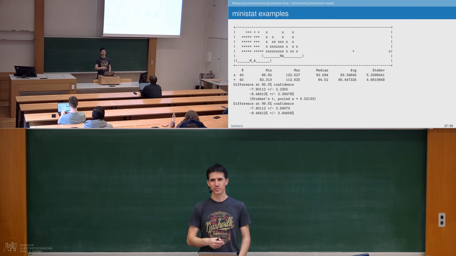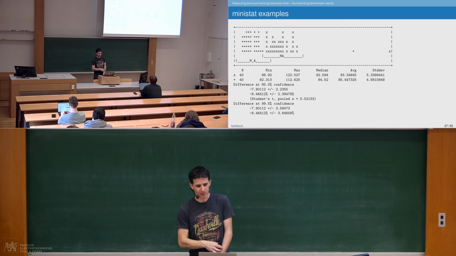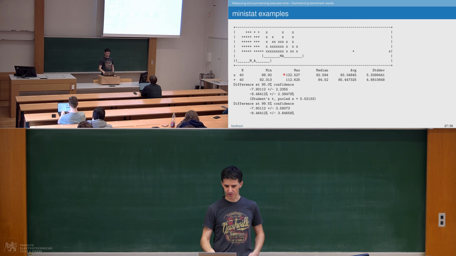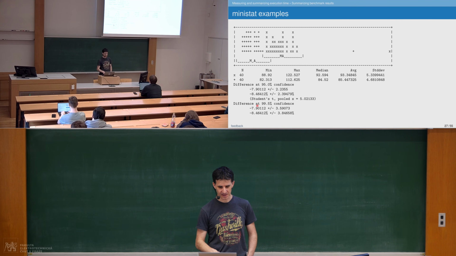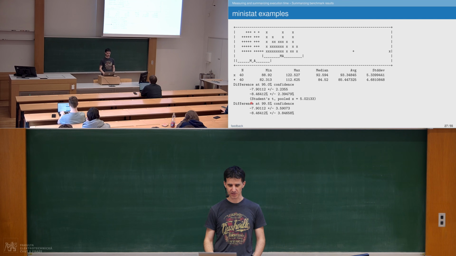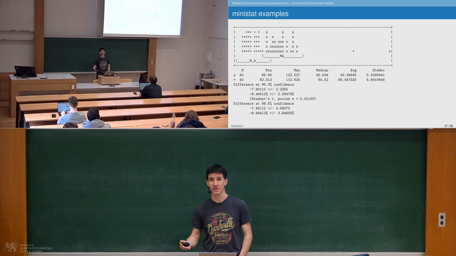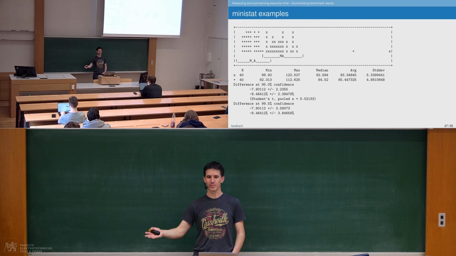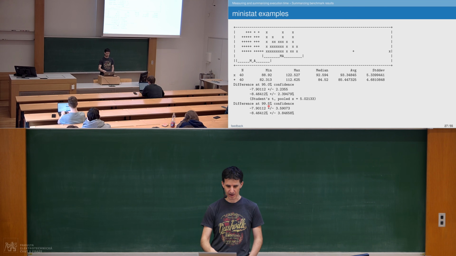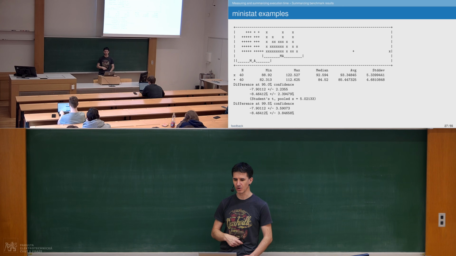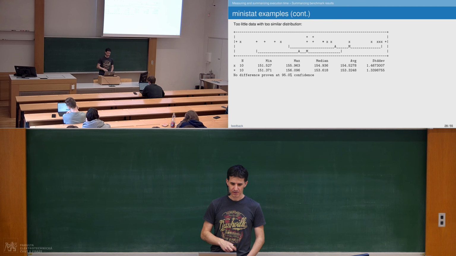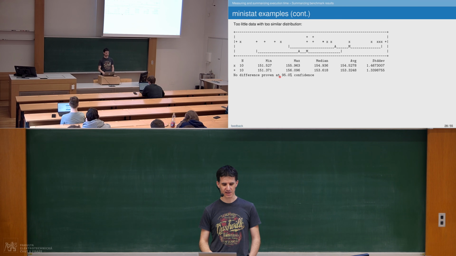The idea is that you just give two files of numbers to that program and it calculates those statistics here, and those confidence intervals and so on, and at the end it tells you whether there is a difference in the performance and what is the confidence of this difference. So basically the answer is yes, there is a difference: one program is faster or slower than the other with 99.5 whatever confidence, or it says there is no difference at this confidence level.